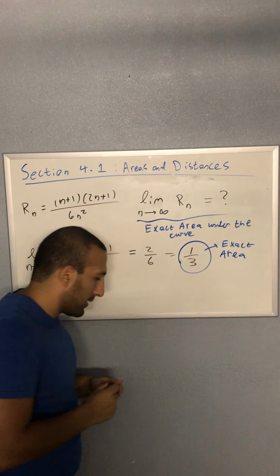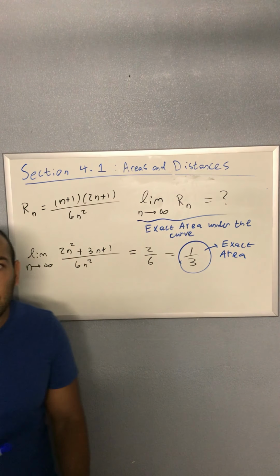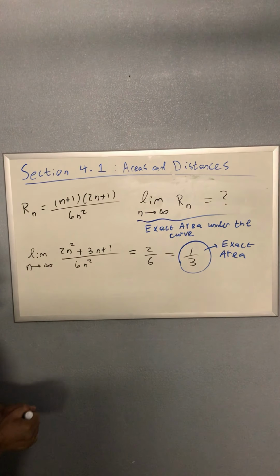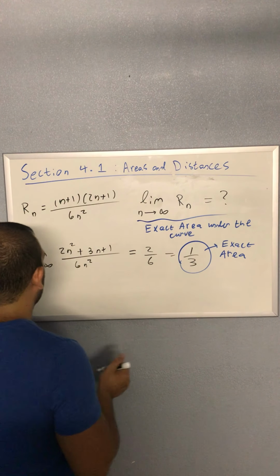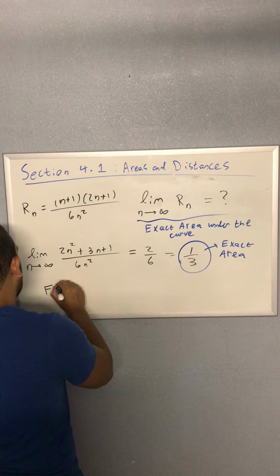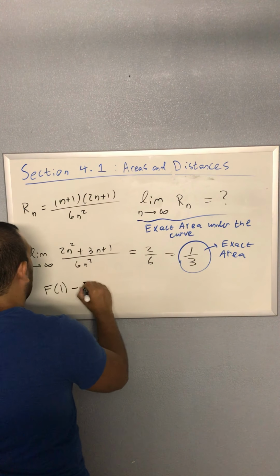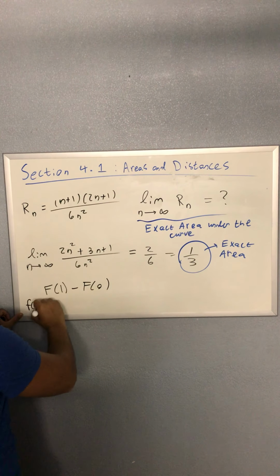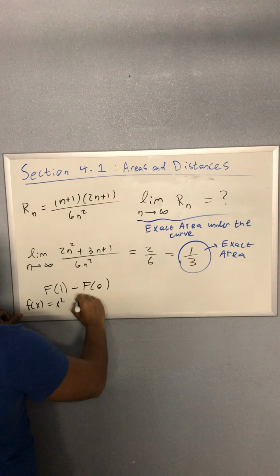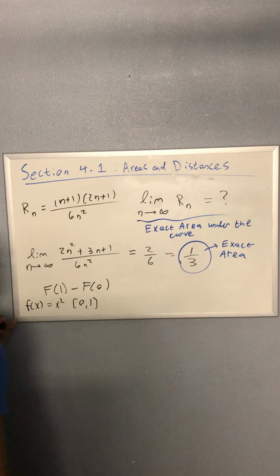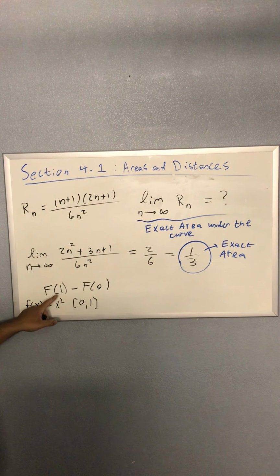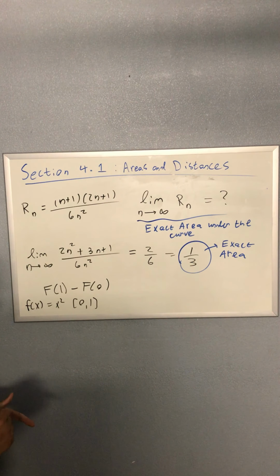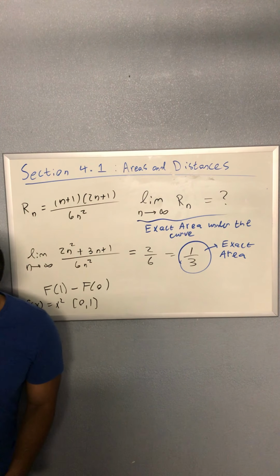And let's see how that fundamental theorem of calculus thing I was telling you about works out here. Remember, it said that the area was going to be the antiderivative at 1 minus the antiderivative at 0, because we were looking at this function on the interval 0 to 1. Well, what is the antiderivative?